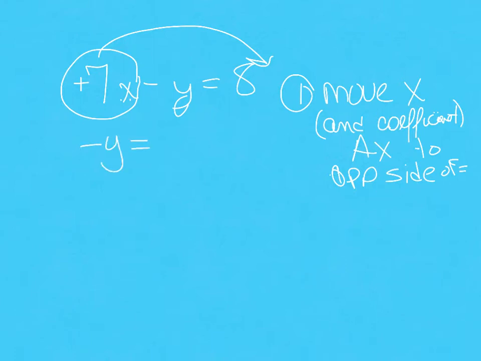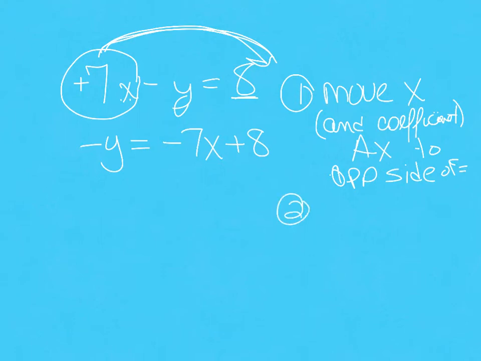And then when you move this to the other side, since slope-intercept form has your y equals mx, let's put this in front. So when we move 7x over, it becomes minus 7x, or negative 7x. And then the 8 is still there, a positive 8, so plus 8. Okay, so that was our step 1.